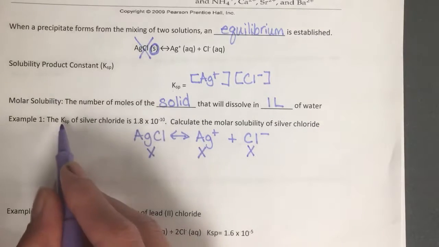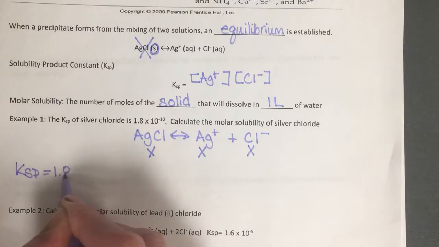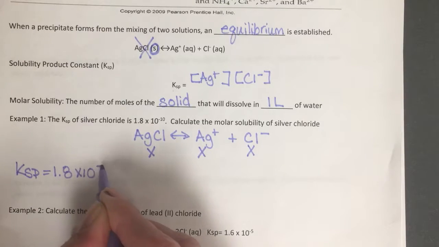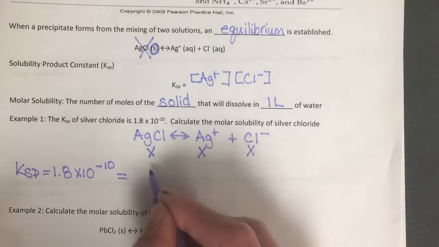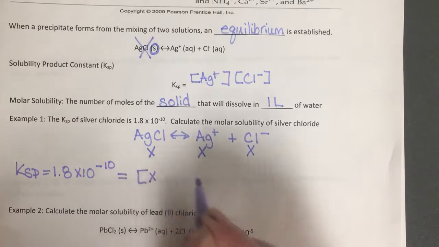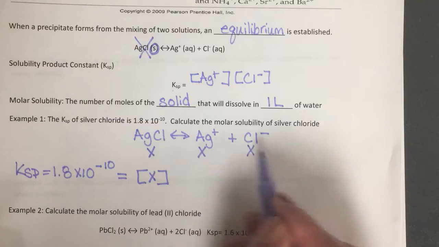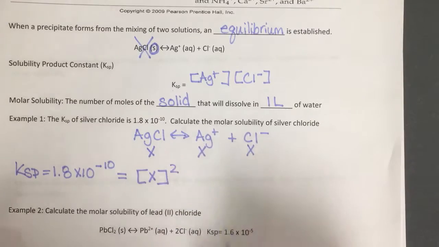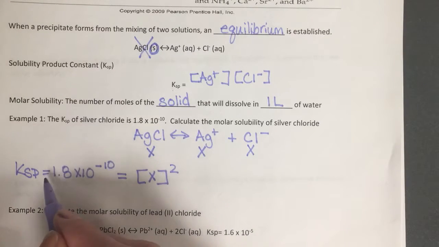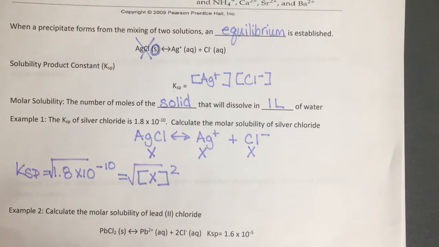Now when I look, I have my Ksp value. Ksp was 1.8 times 10 to the negative 10th. I know that's equal to the concentration of my products raised to their coefficient. Well, this is a 1, and then x to the 1, so x times x is x squared. If I wanted to solve for x, I'm going to take the square root of both sides.